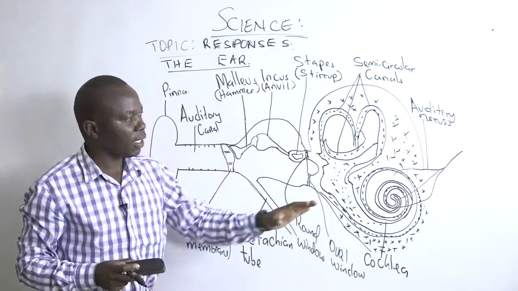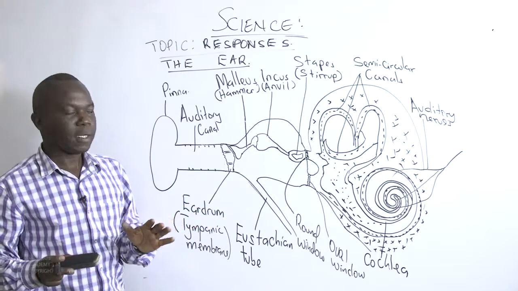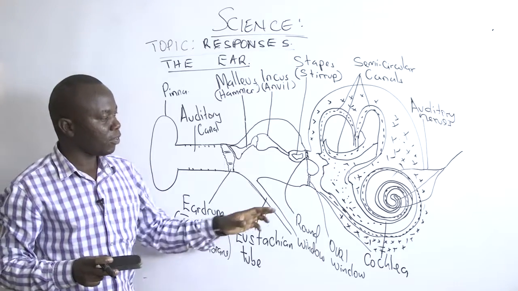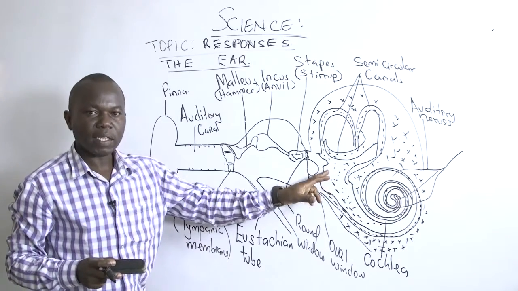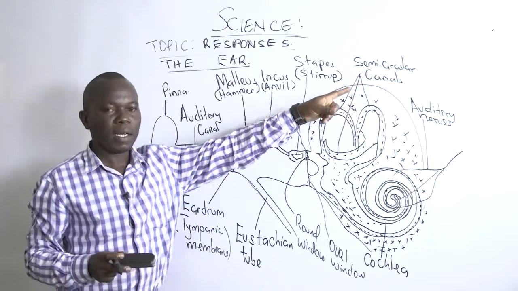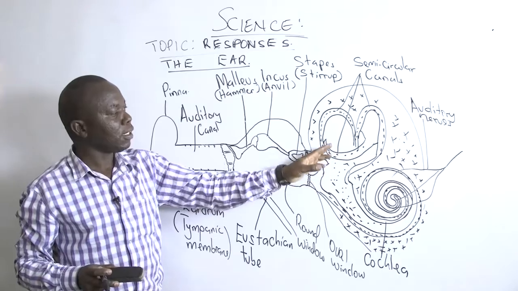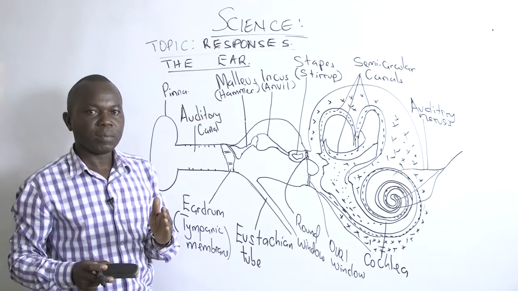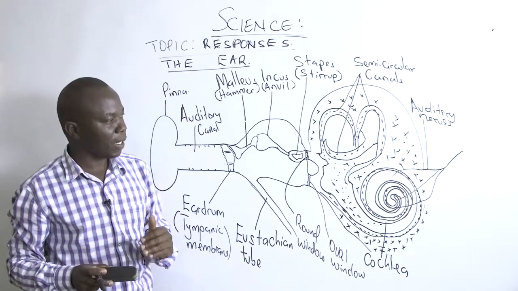The inner ear, I've said, is a labyrinth, but this labyrinth is majorly made up of fluids. And in these fluids, we have two structures. The semicircular canals: there are three arranged in different planes.